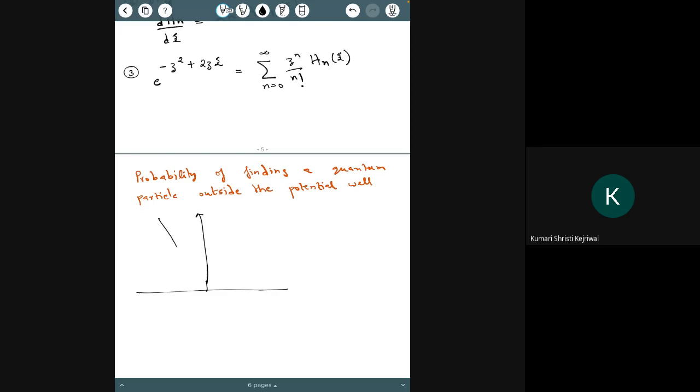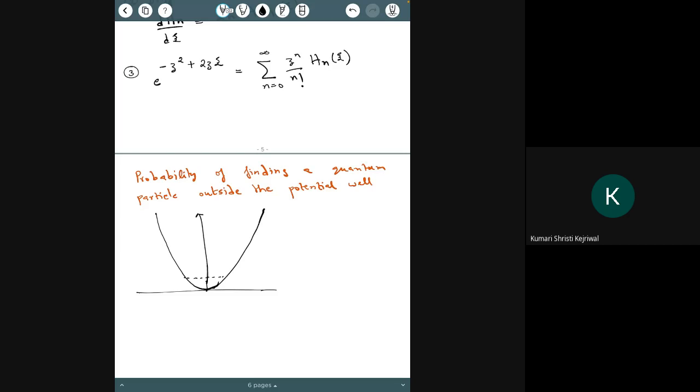it's very difficult to draw on a tablet. Say it looks like this. Then you have the lowest energy level at half h cross omega.